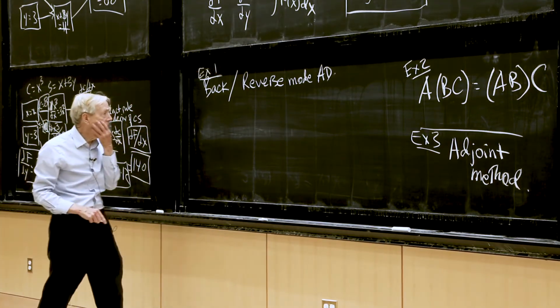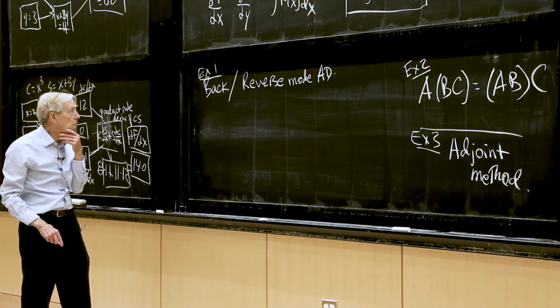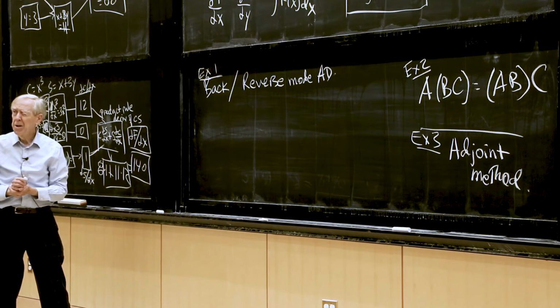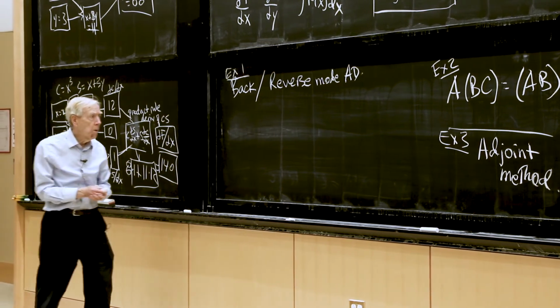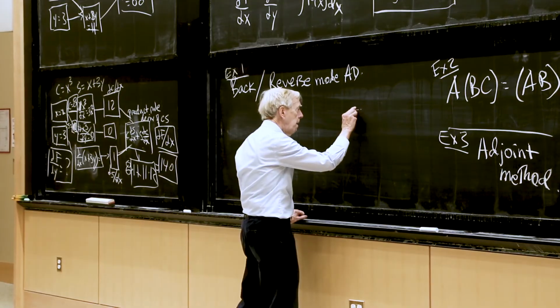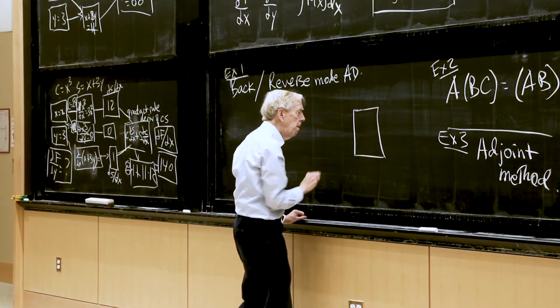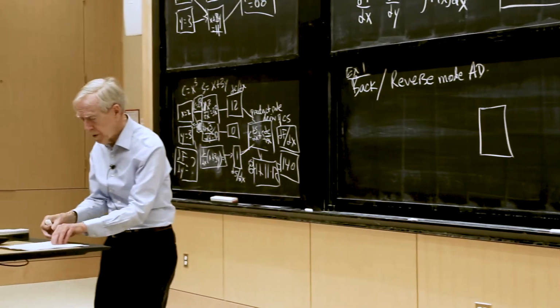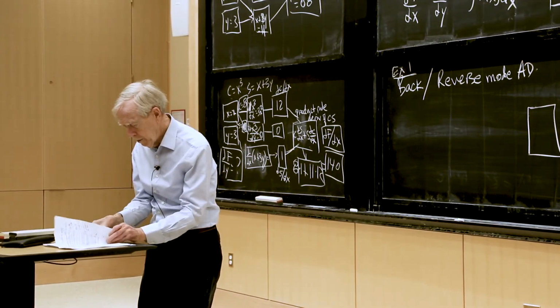Okay, let me go with example 1. This is now backpropagation. Finally, we got to it. Okay, so how do I, well, I look at my notes is how I do it. Okay.